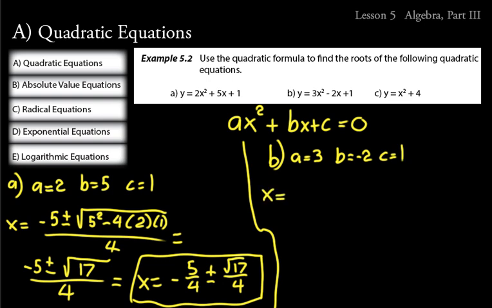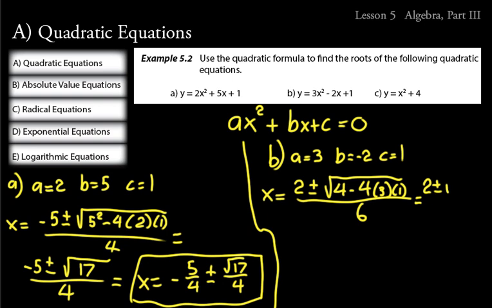X equals negative times negative 2 is plus 2, plus or minus the square root of negative 2 squared, so it's negative 2 times negative 2 is 4, minus 4 times a, which is 3, times c, which is 1, all of that over 2 times 3, 2 times a, is 6. So that's going to equal 2 plus or minus the square root of 4 minus 12. That's a negative 8. We have a square root of a negative number.